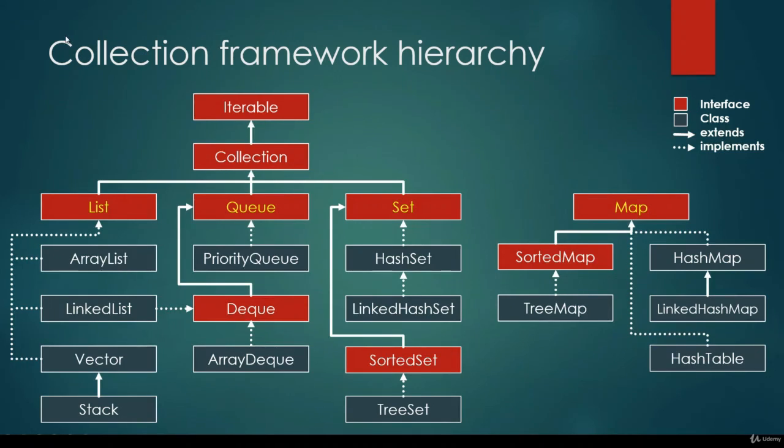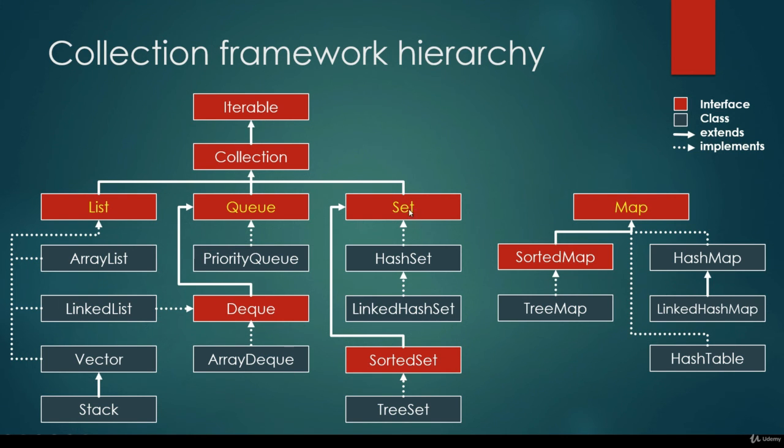Okay, so this is the exact collection framework related hierarchy. We have the iterable interface as the parent of collection. Lists, queues, and sets are extending the collection interface. This is what we have been talking about, that the map is not a collection. But as you can see, there are several lists, for example, ArrayList, LinkedList, Vector, Stack. There are several queues such as PriorityQueue, the Queue, ArrayDeque.